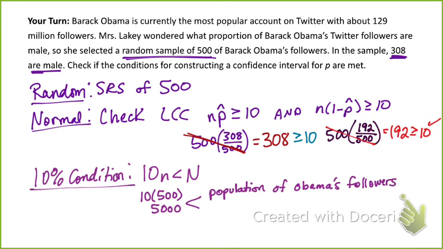Do you think that 5,000 is less than 129 million? Yes. I think we're good, you guys. And now we can make an interval that would show the true proportion of followers that are male for Barack Obama. And we will actually do that on Friday.